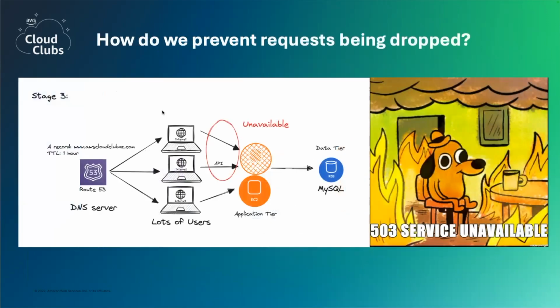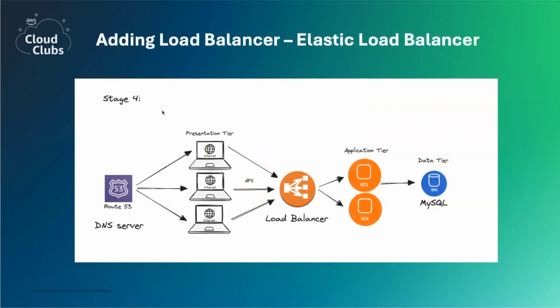That means those requests will be dropped. And obviously, if you're maintaining the website, you don't want that to happen. So by addressing that, like that gentleman over there mentioned, we want to add the load balancer in between. Yep, that's the right answer.